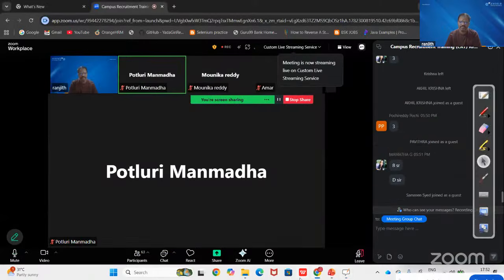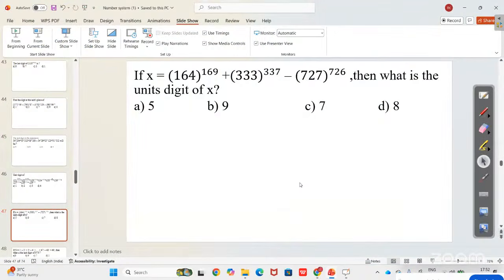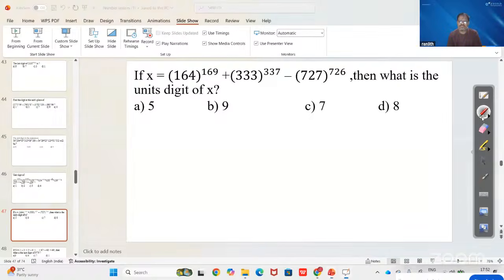D, 8. Okay, 8. 8 is the answer. 4 power odd or even? 4 power odd.